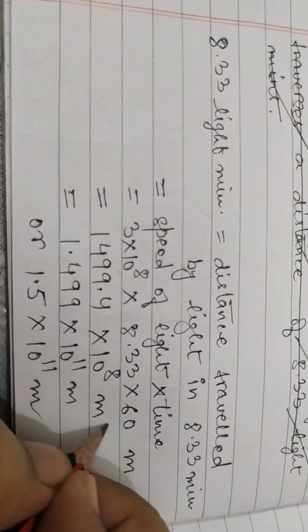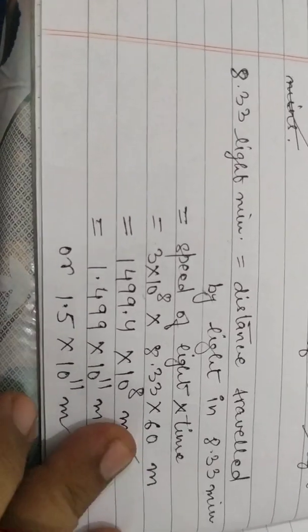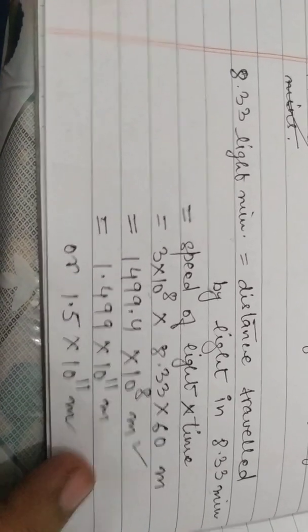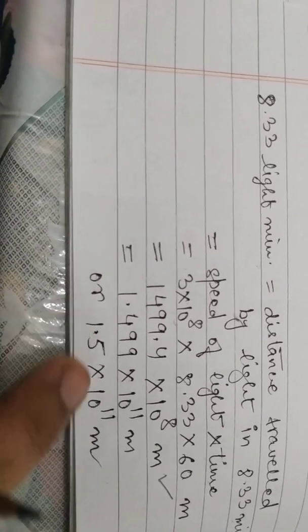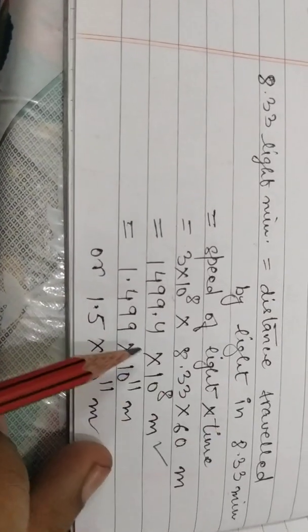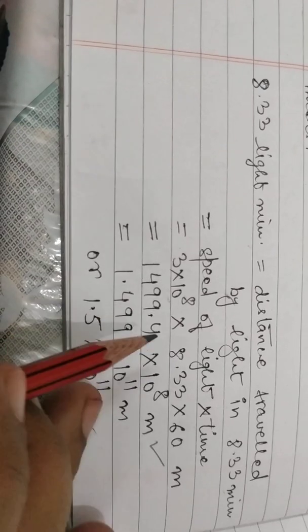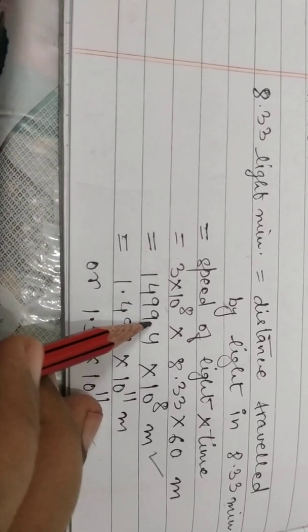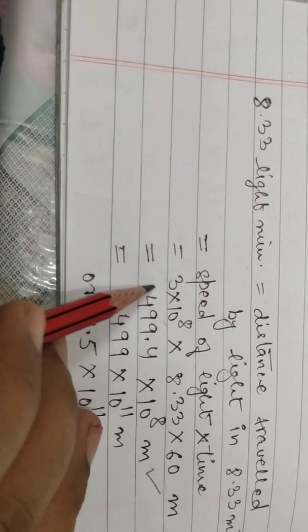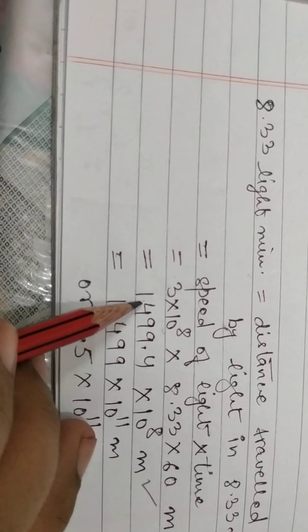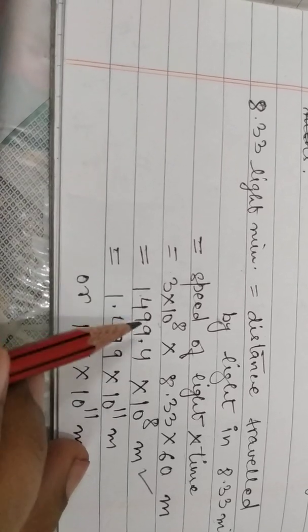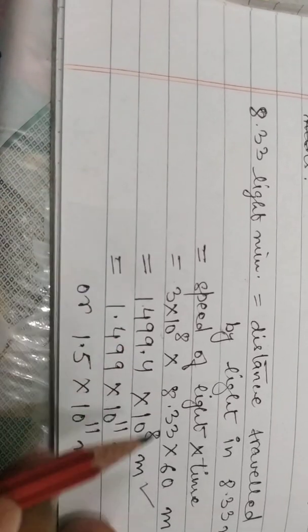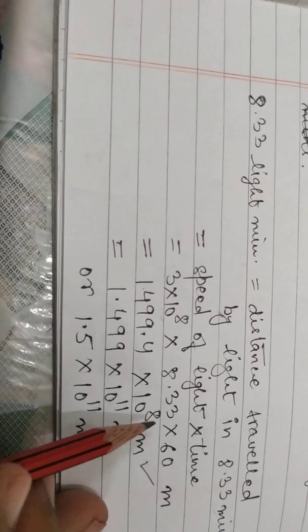You can leave your answer here only. But because the answer in the book was different, I have tried to get that answer. So what I need to do is shift this decimal over here. 1, 2, 3, 3 decimal places I have to shift to the left, so I will add 3 to the power.